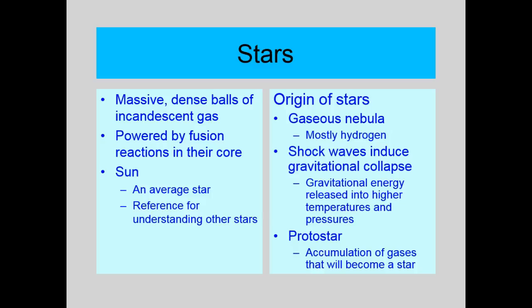But what a fusion reaction is, you have very small atoms that you force together real tightly, and they give off many times more energy than a fission reaction. That's a fusion reaction. So stars are powered by fusion reactions in their core. Now, most of what you see of the star, say the sun or something else, that's the outer part.